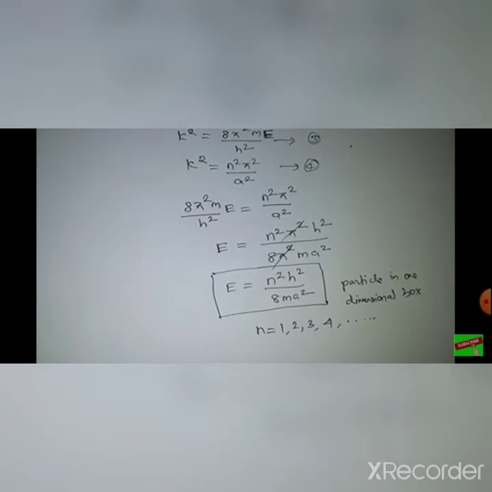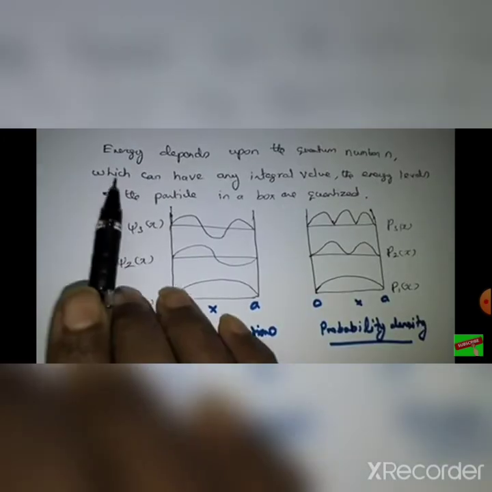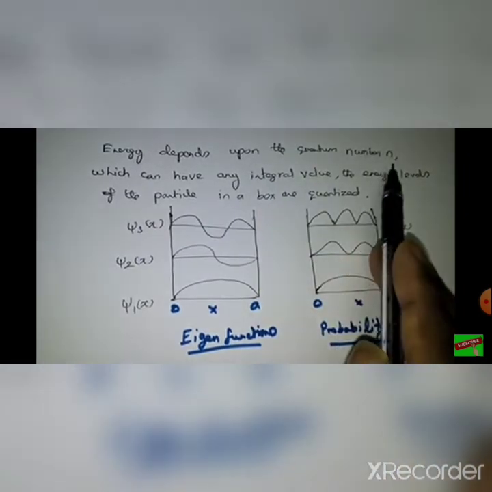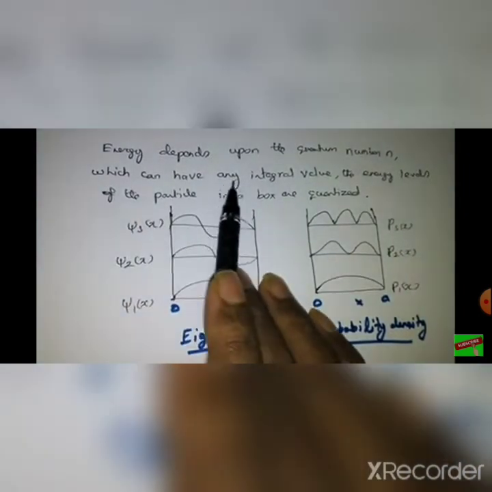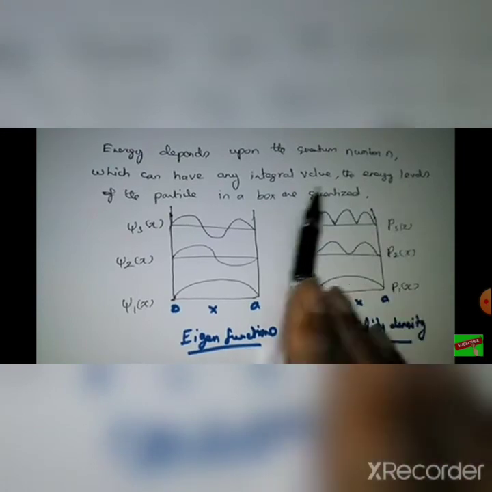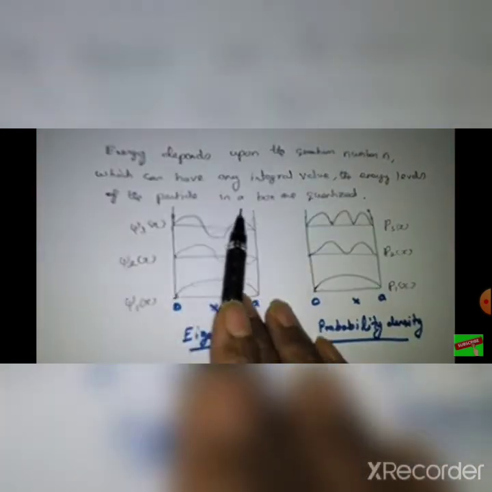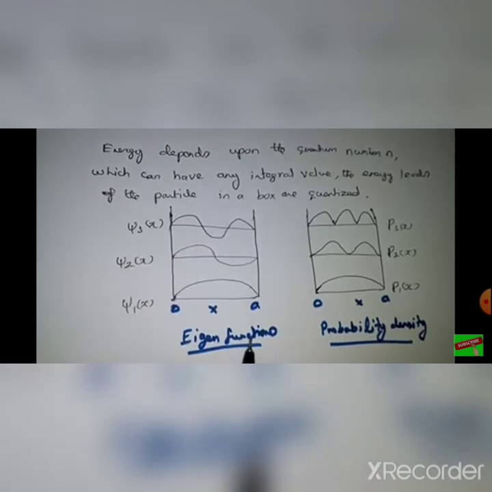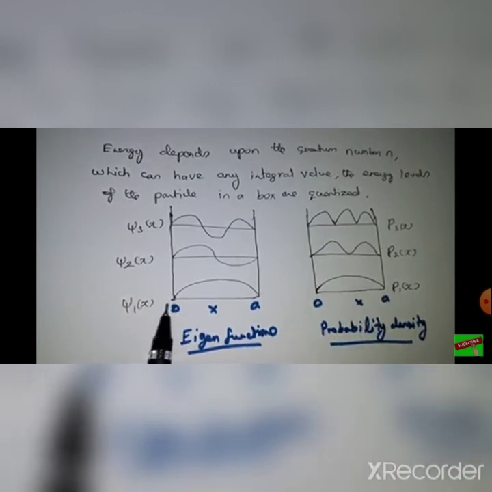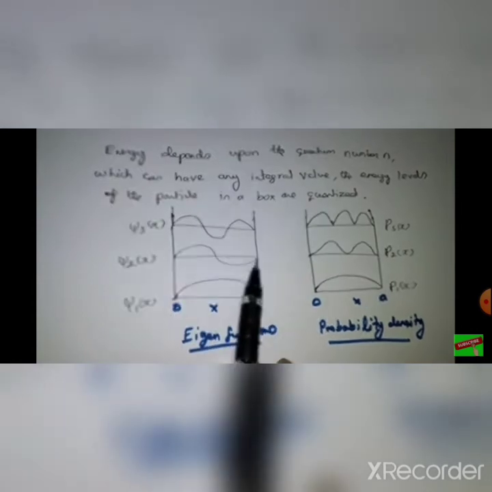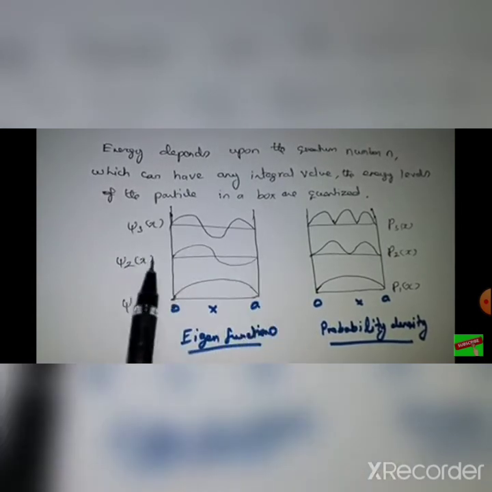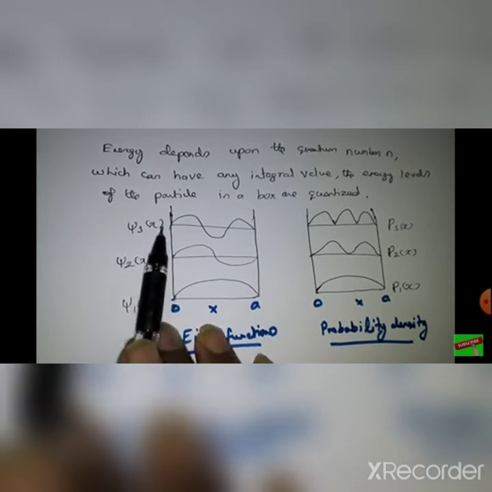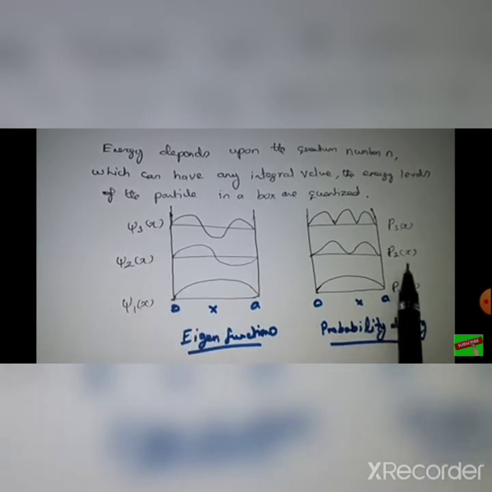Here n is 1, 2, 3 and 4. The energy depends upon the quantum numbers. You are familiar with the quantum numbers, principal quantum number, azimuthal and so on, and we apply them for all these solids. In this regard, we can write two things: the wave function with respect to x, and also the probability density, which shows how likely the particle is to be found in any energy level. In the first case, psi n of x: if n is equal to 1, that is the first graph, psi 1 of x.